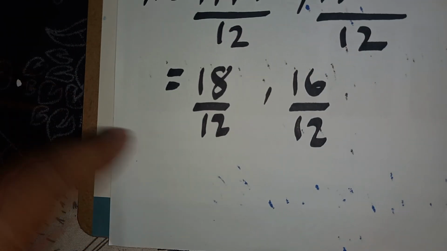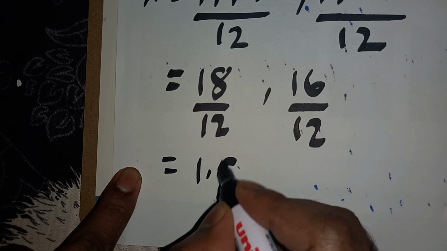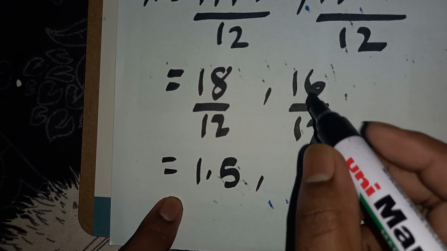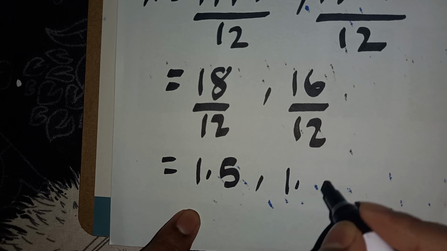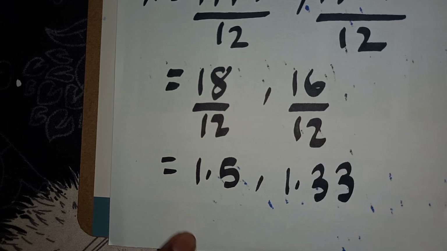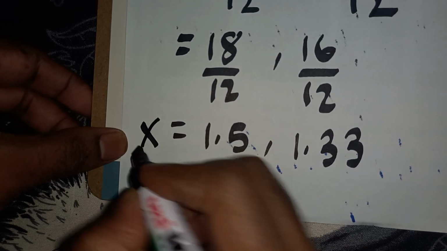Now if you do 18 divided by 12, you will get 1.5, and when you divide 16 divided by 12, that will be 1.33. Okay, so these are your values of x.